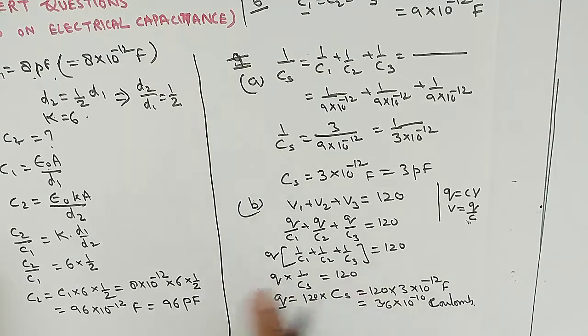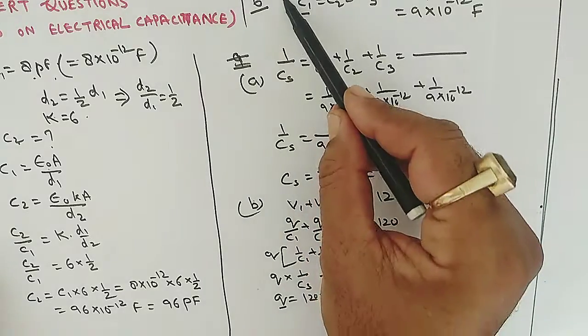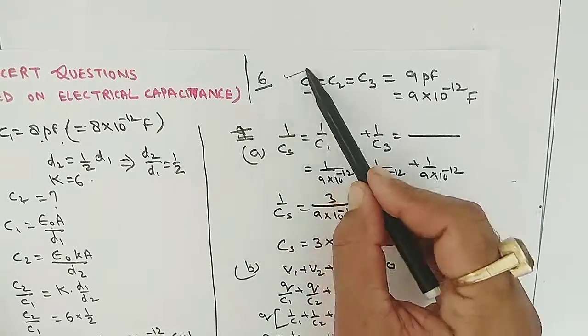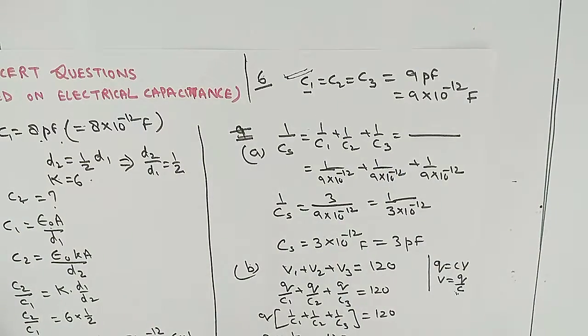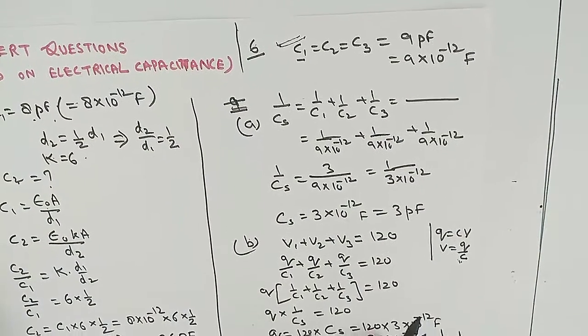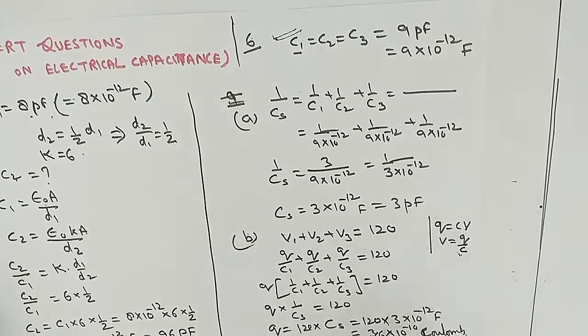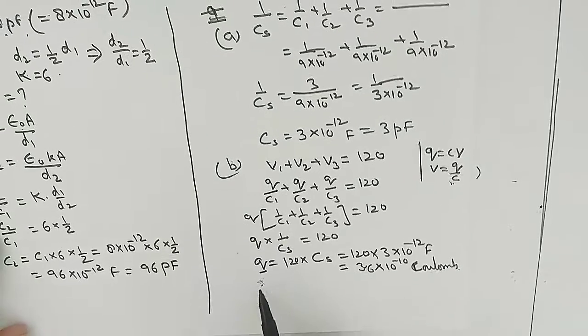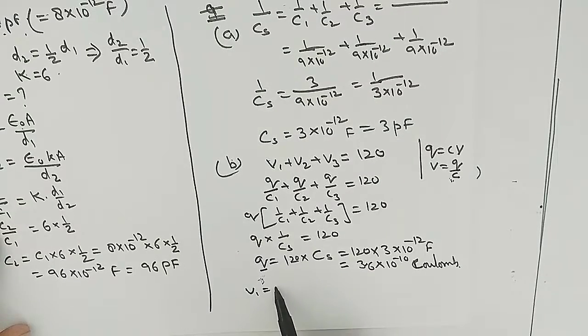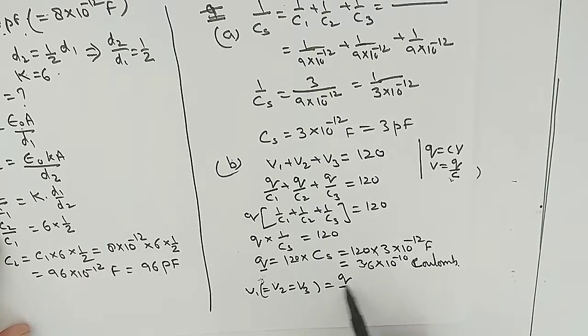Since all three capacitors have the same capacitance, the capacitance of each capacitor is the same. So in that case, the potential will also be the same. So V1 is equal to V2 is equal to V3, which is equal to Q upon C1.